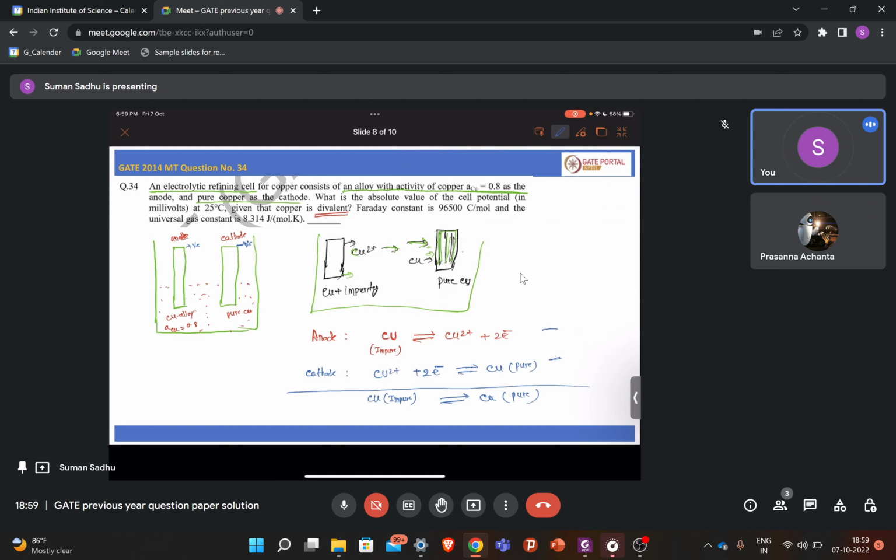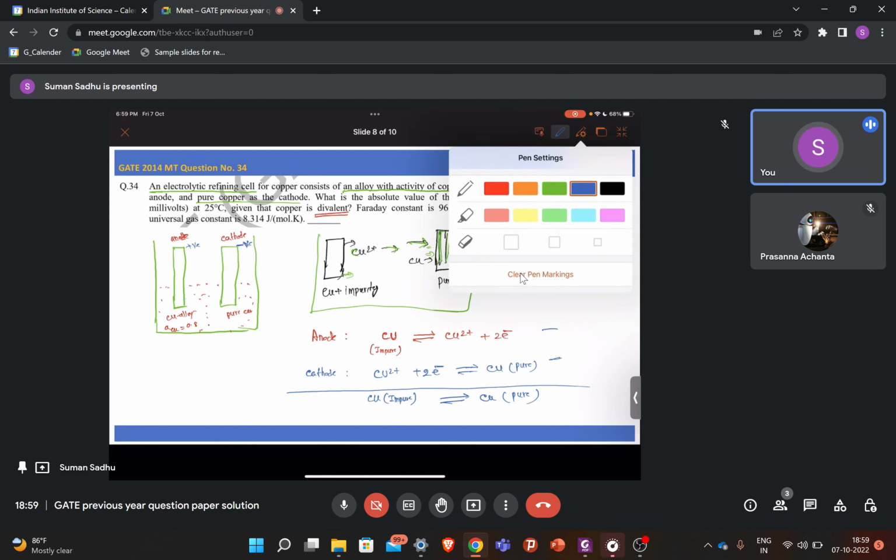Now for these two equations you can write the delta G also. So what is delta G?